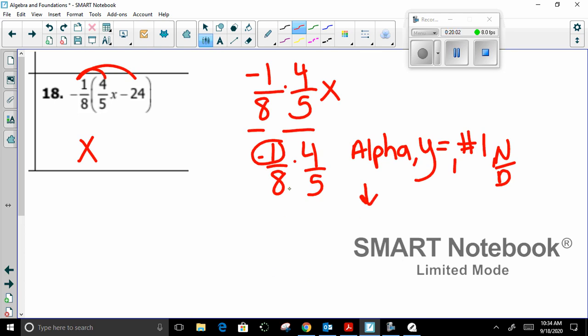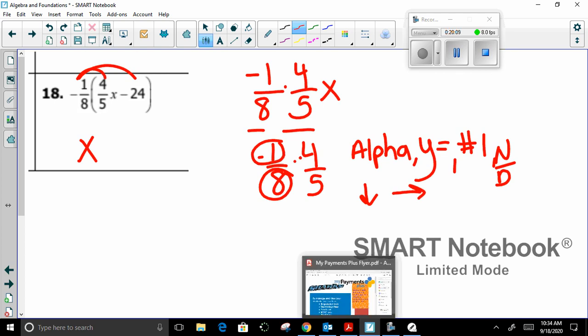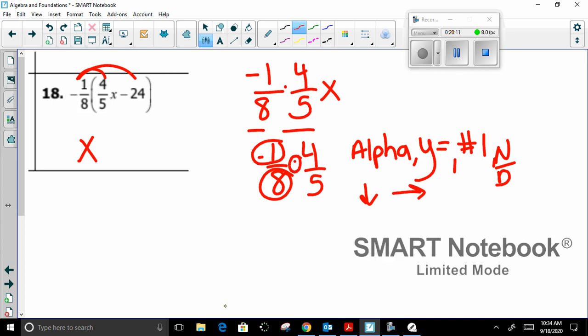Use the down arrow to put in your 8 for the denominator. Then use the over arrow to put your times sign. And then you can put in another fraction. And once you're done with that, hit enter and get your answer. And your answer would be -1/10.